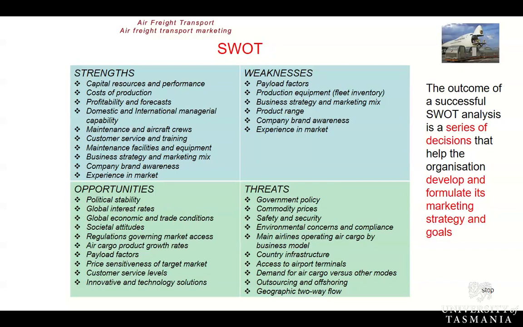I started off with, say, double that number, and the business then filters them out, of which are more relevant to be in the strengths category. So I would have taken a number of strengths out of that to come up with that final number. And I did the same with weaknesses.